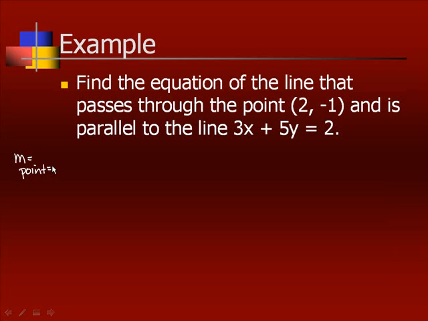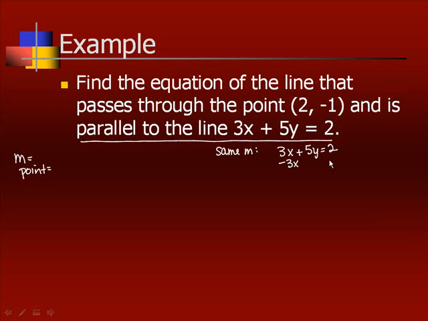If it's not the y-intercept, then we're going to use point slope. Either way we go, we've got to know a slope. Well, they tell us that it's parallel to this line, which means it's going to be the same slope as that line. So if we have 3x plus 5y equals 2, how are we going to find the slope?